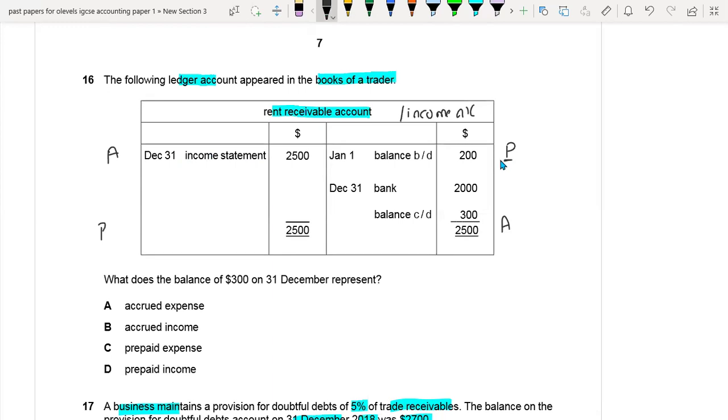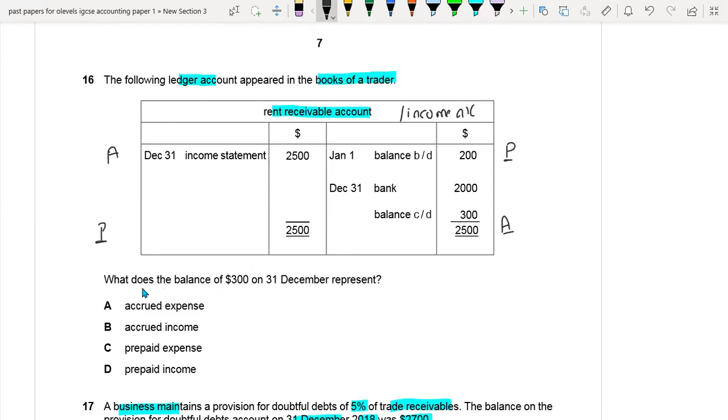And if the income is prepaid, it will come under the credit side. If balance CD, the closing balance of your rent receivable account, is prepaid, it will come under the debit side. And if your balance CD is accrued in the income account, this will come under the credit side.